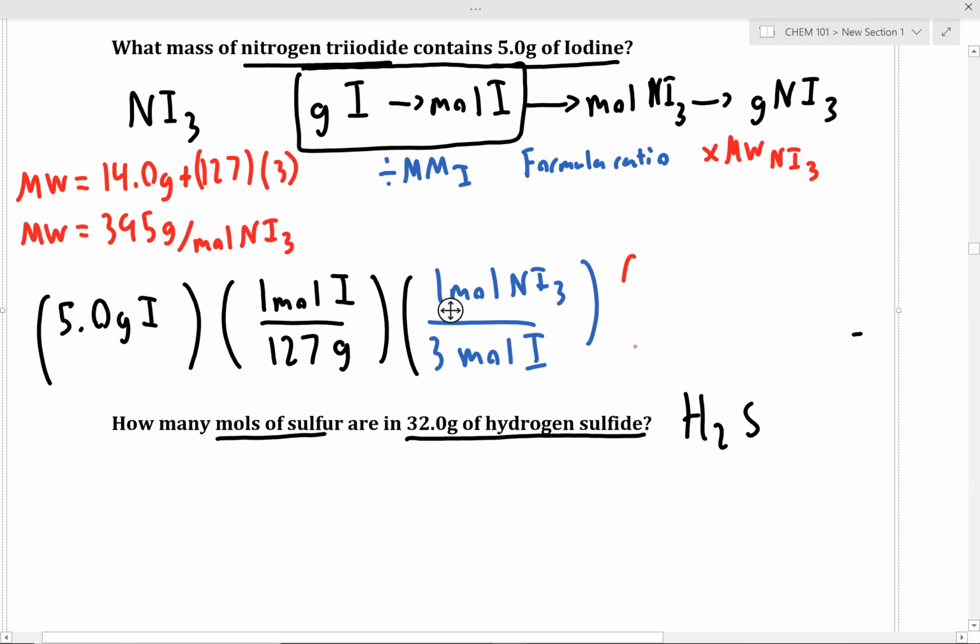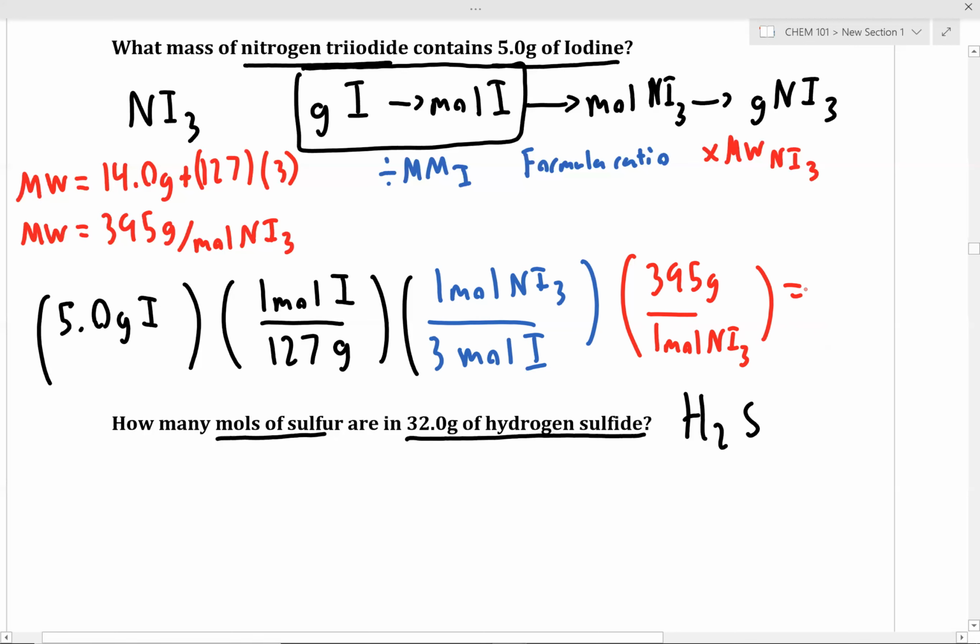Finally, if we're going from moles of nitrogen triiodide to grams, we're going to multiply by our molar mass, which is 395 grams per every 1 mole of nitrogen triiodide.